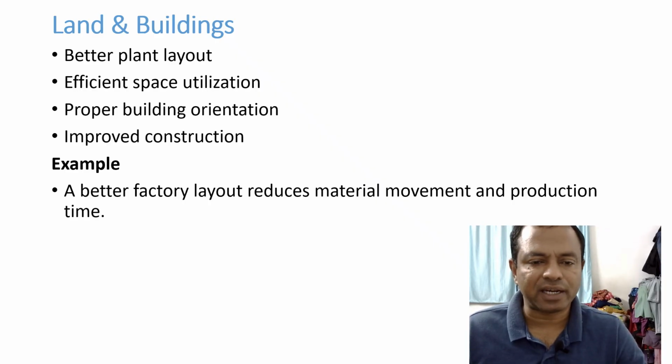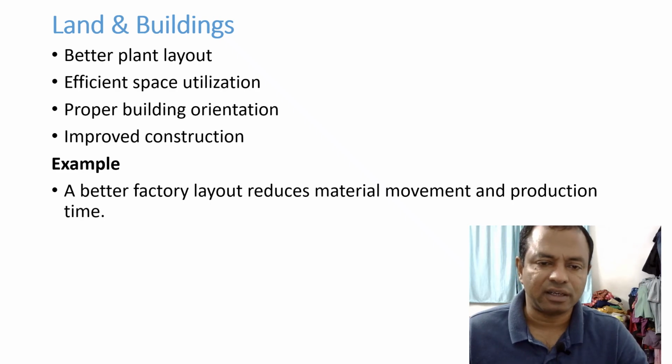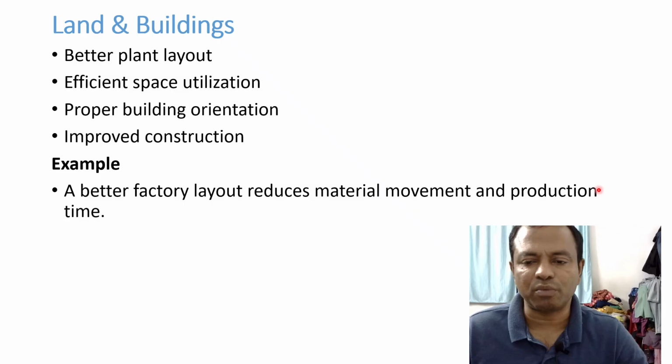So better plant layout will make sure that spaces inside the building are utilized efficiently. Then building orientation, that is an important factor, and improved construction of the building, that also will increase the productivity of the resources. For example, a better factory layout reduces material movement and production time.